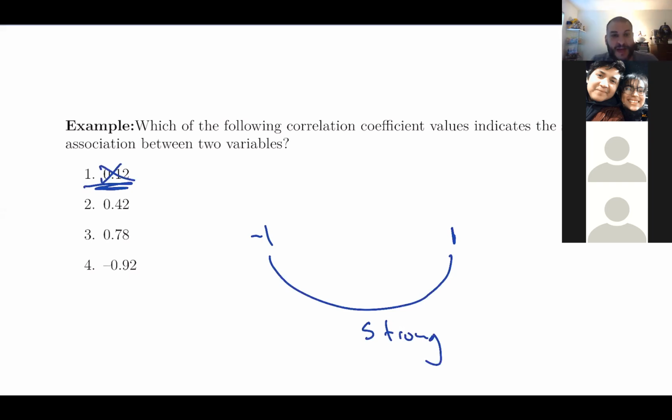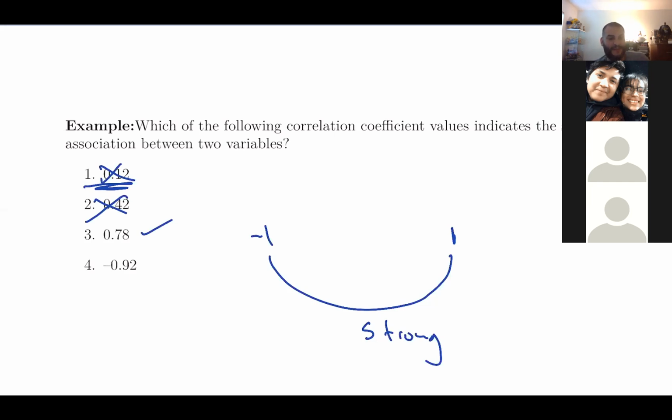What about 0.42? Is 0.42 close to -1 or +1? No, so no. What about 0.78? Is 0.78 pretty close to -1 or +1? Yes, 0.78 is pretty close to +1.